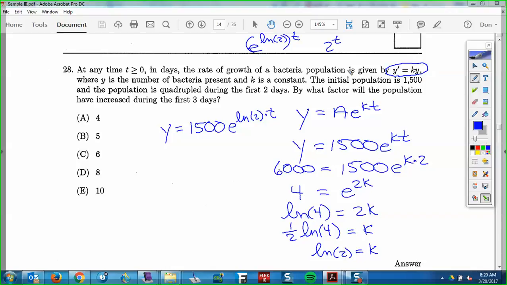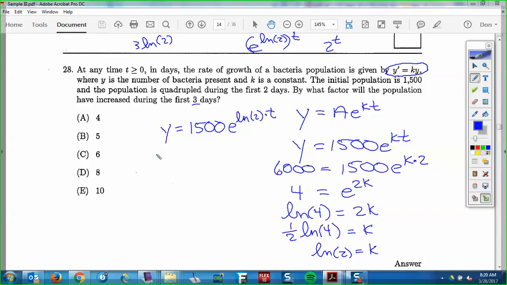Or, even if you didn't notice that, you could just put your 3 in now, right? Where do you put your 3? For t. So then, if I move it around here, that'd be 3 ln 2. Well, what's 3 ln 2? That's ln 8, right? And then I'd have e to the ln 8, which is 8.